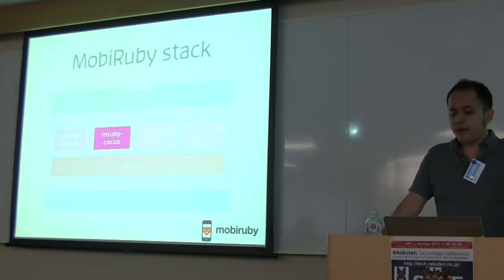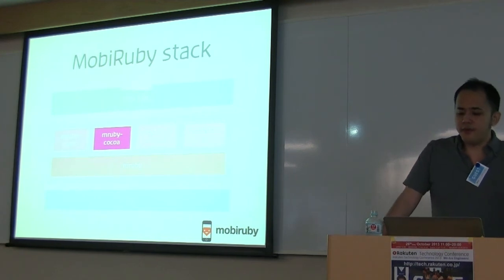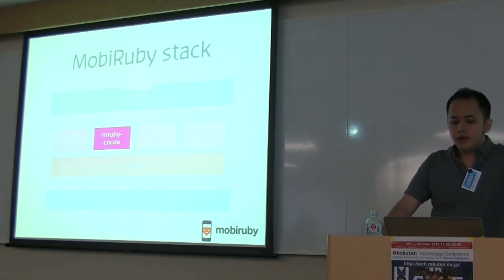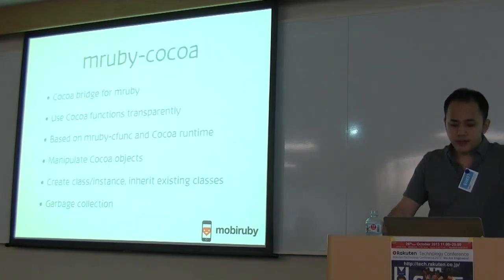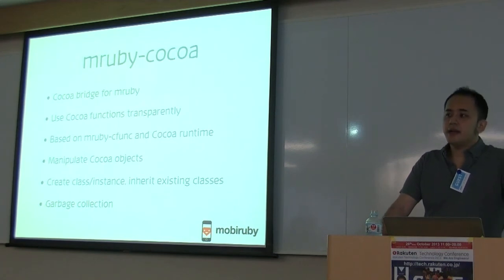And the third component is mRuby Cocoa. It's an interface to the Objective-C and Cocoa libraries. Mobiruby Cocoa is a bridge for the Cocoa and iOS libraries.